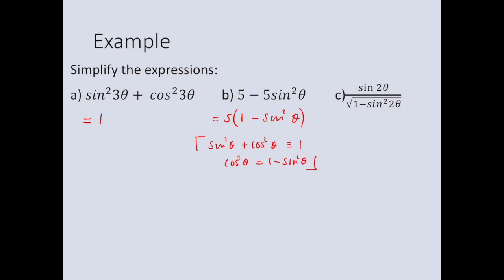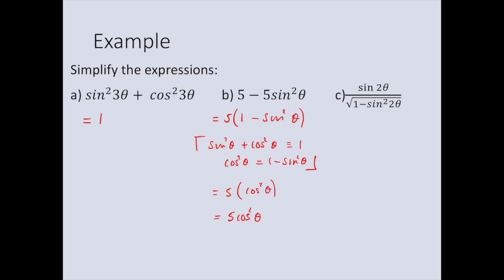Okay, so that tells us we could take 1 minus sine squared theta and write cos squared theta. So our initial question, 5 minus 5 sine squared theta, is actually equal to 5 cos squared theta.